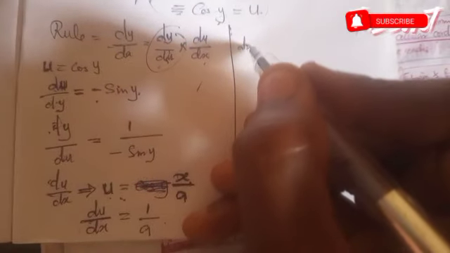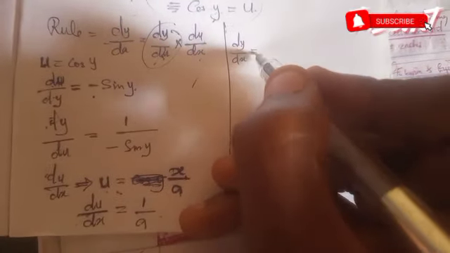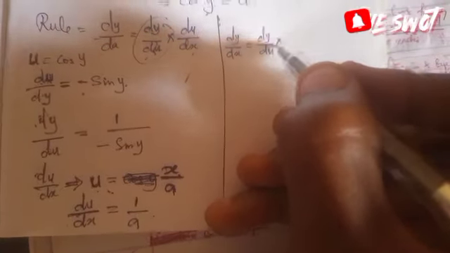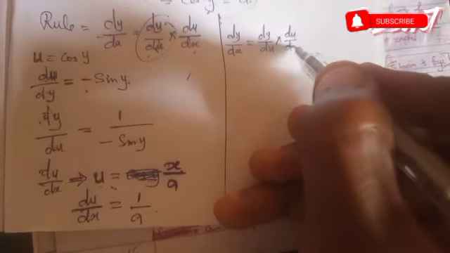Now to get your final answer, dy dx for this question will be dy du times du dx.